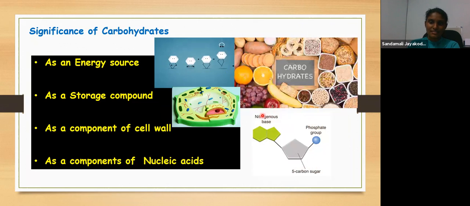Here you can see it is mentioned: sugar. So sugar is a monosaccharide molecule. You can see here, it's a carbohydrate. So it acts as a component of nucleic acid at the end. So these are the significance of carbohydrates.